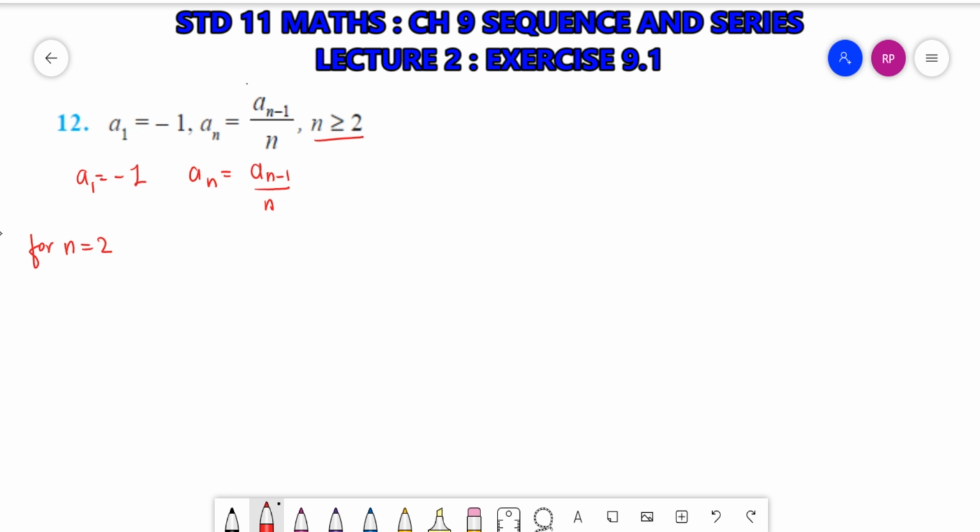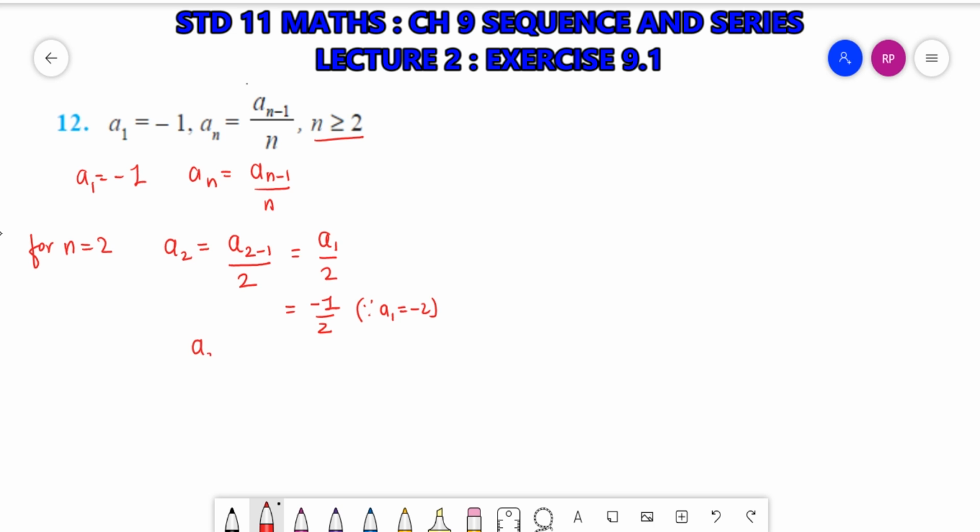So now let's find first n equal to 2. For n equal to 1 it is already given that the first term is minus 1. So a2 will be equal to a(2 minus 1) upon 2. So this will be equal to a1 upon 2. What is a1? Minus 1 by 2, because a1 is equal to minus 1.